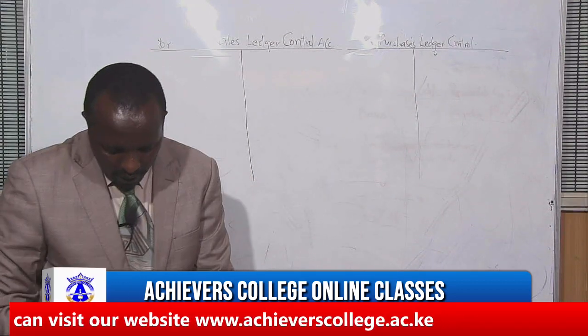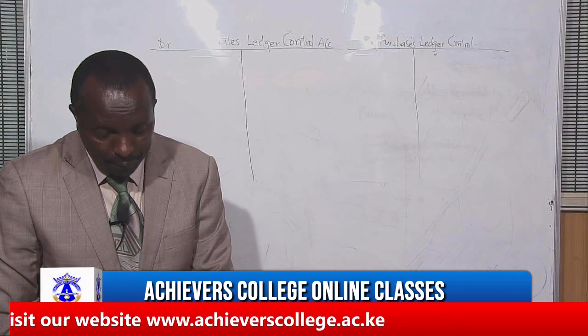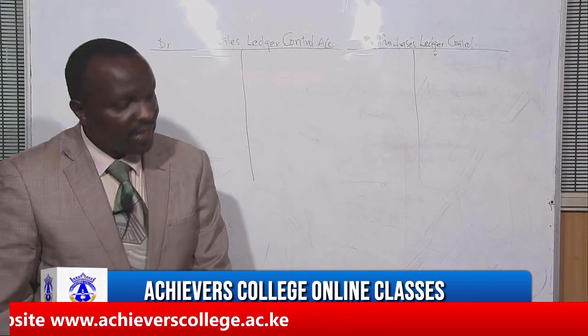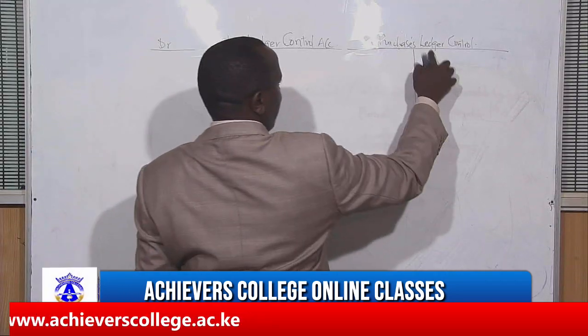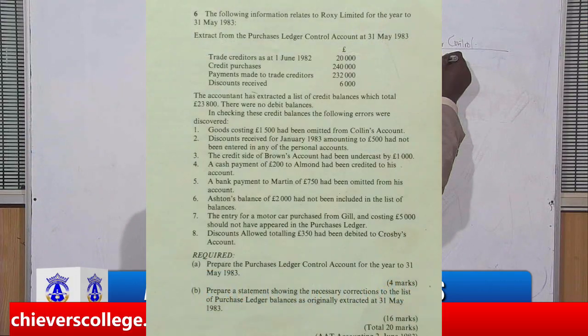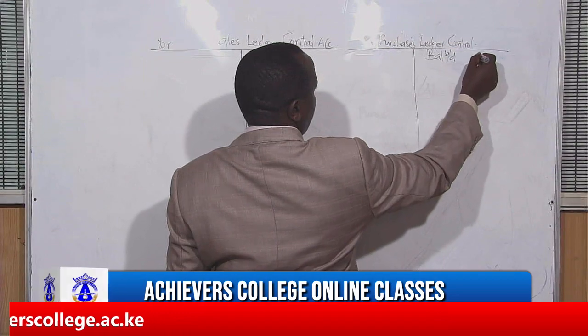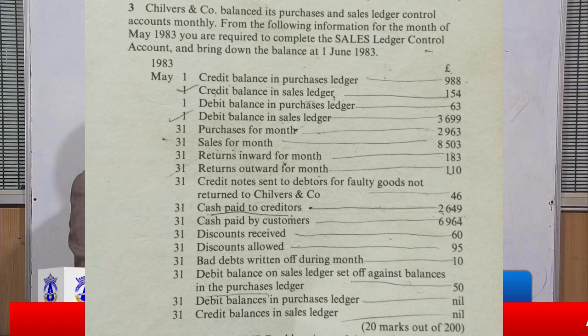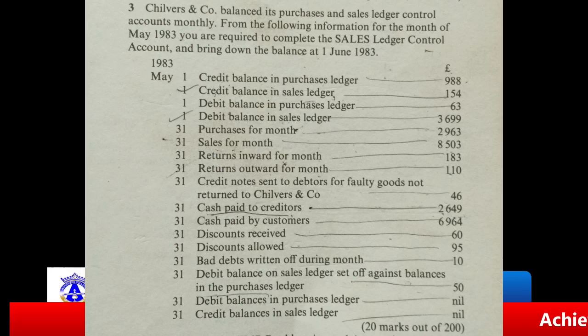So if we read bit by bit, credit balance in the purchases ledger is 988. Credit balance, so you write balance brought down is 988.